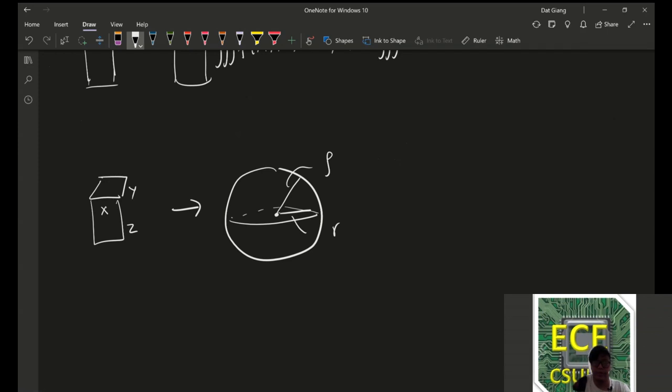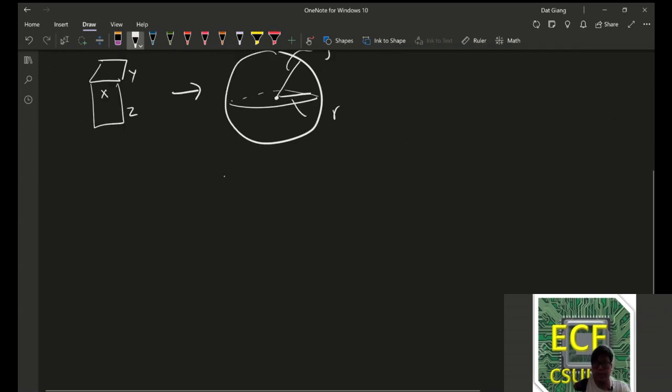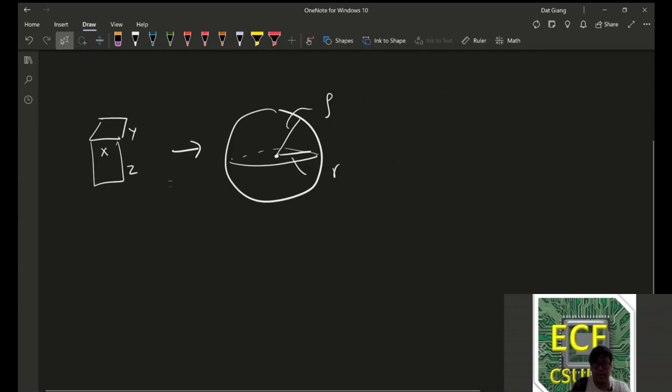Here in this situation, we need the relation between x, y, and z to r, phi, and theta.